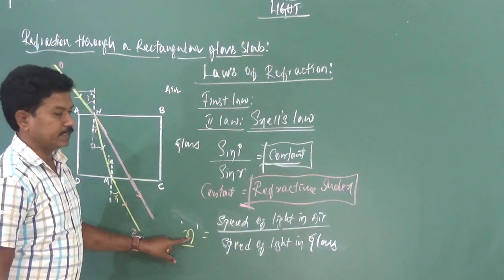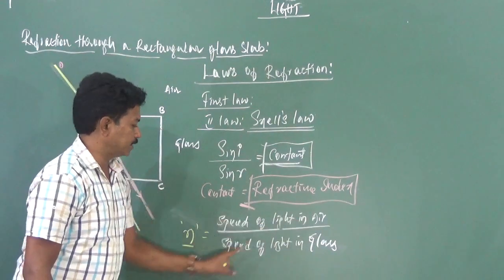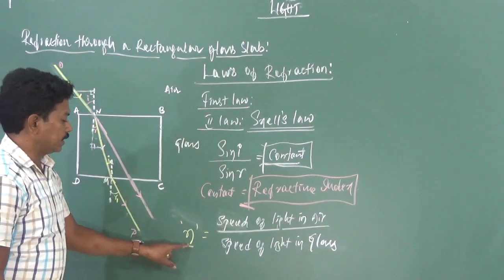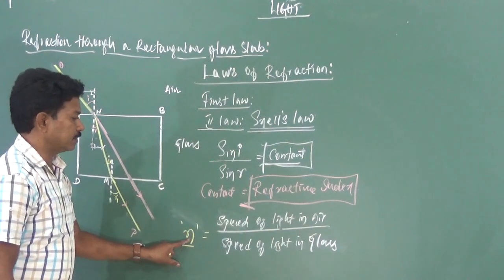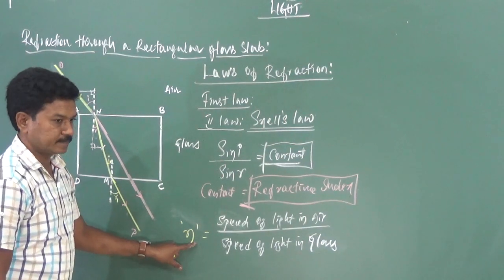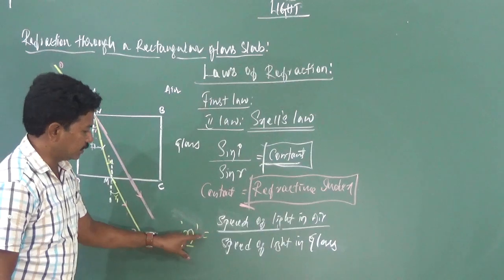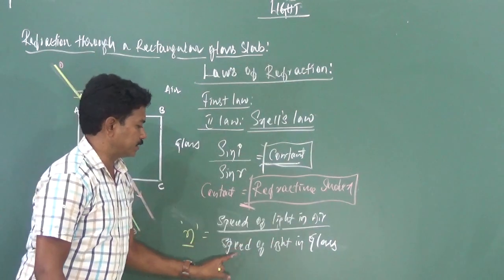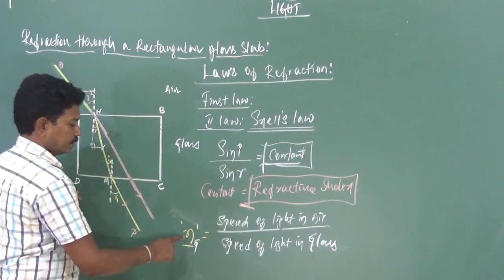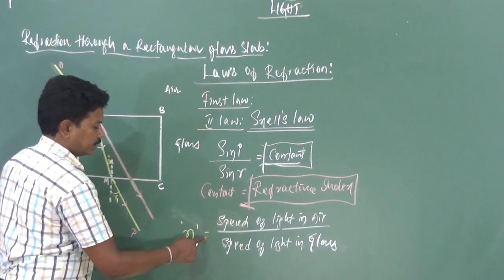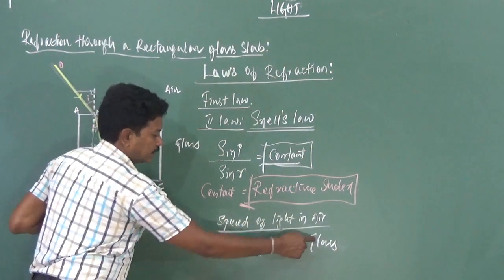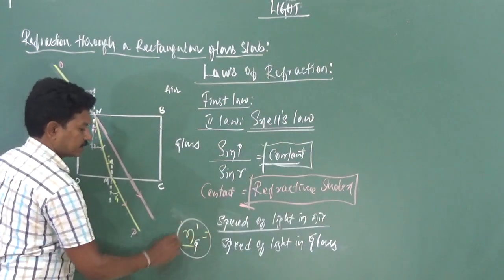Refractive index of glass is equal to the speed of light in air by the speed of light in glass. That is the refractive index of glass.